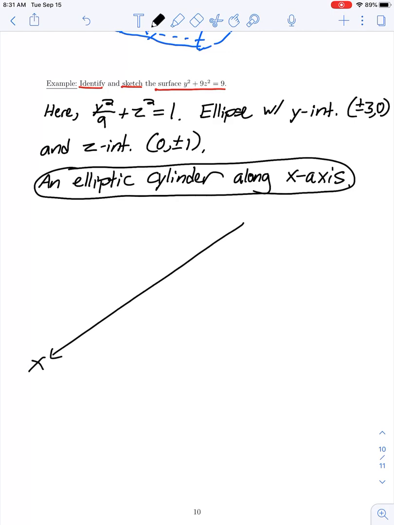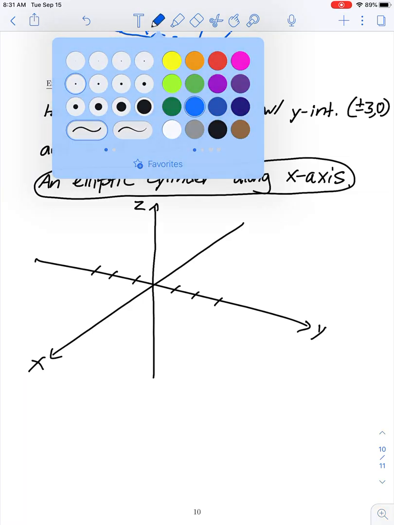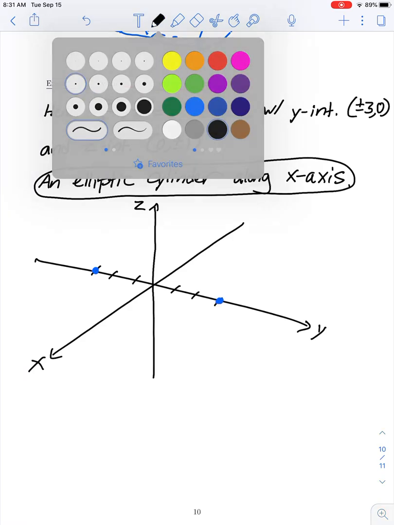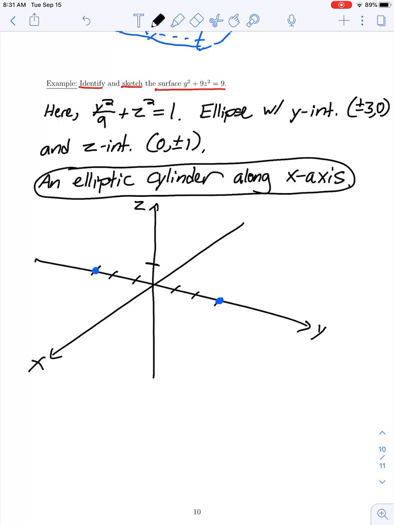And to sketch it, well, we have our x-axis, y-axis, and z-axis. And we said that we're looking at an ellipse whose y-intercepts would be at positive or negative 3, and whose z-intercepts would be at positive or negative 1.